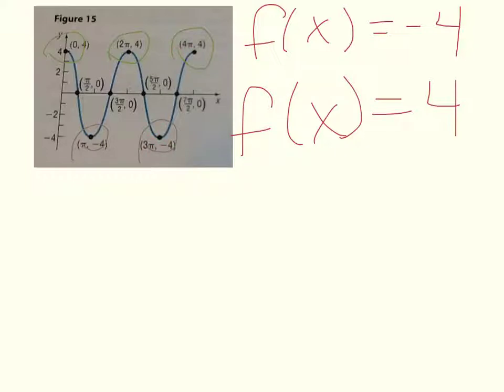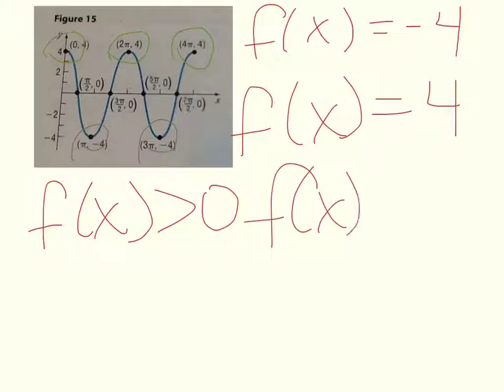So then for what values is f of x greater than 0? And for what values is f of x less than 0? If we look here, greater than 0 would be this portion and this portion, and less than 0 would be this portion and this portion.